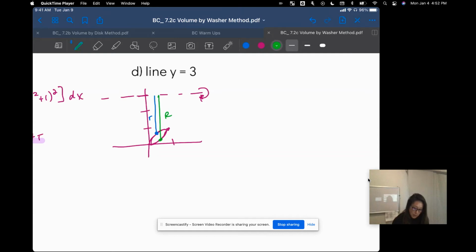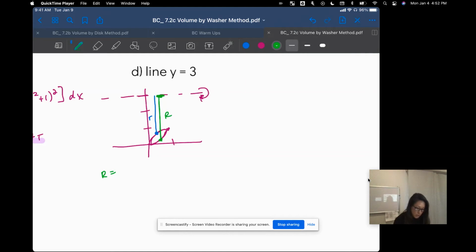So big R is equal to, it's always the top curve. To get the length of big R, we start with the top curve minus the bottom, okay? But when we're finding the volume of a washer, my big R is always the length of the outer curve, because it's not always the one on top. It's going to be the outer curve minus the inner curve, okay?